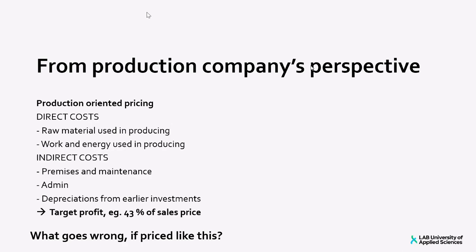Then we have the indirect costs: premises, maintenance, admin. You know this because we have talked about it a lot during the course. And natural depreciations. Let's say that based on this, the company has a target that the profitability always needs to be 43% of the sales price. It's already visible there.